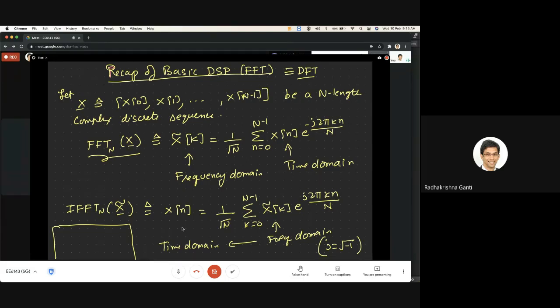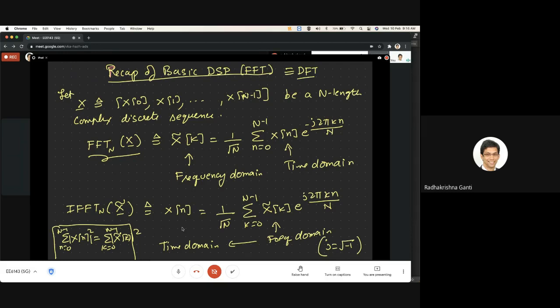You can show that sigma over n from 0 to n minus 1 of mod x of n whole square is equal to sigma over k from 0 to n minus 1 of mod x tilde k whole square.